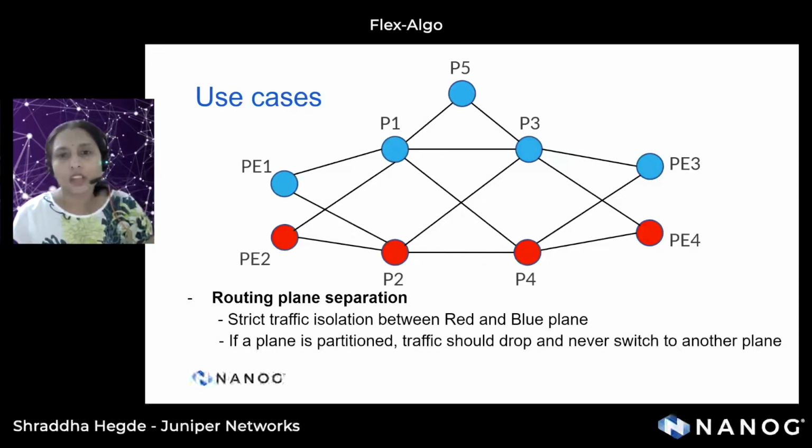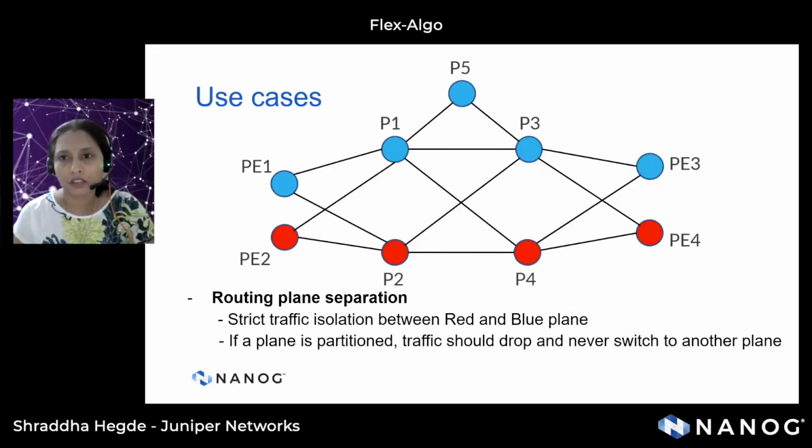This is most likely in the case of financial applications. Certain financial applications multicast the traffic onto both planes, the blue plane and the red plane, and they have a strict requirement that the traffic taking the blue plane remains in the blue plane, irrespective of any failure, or even if there's a plane separation, like the blue plane is completely partitioned due to multiple failures.